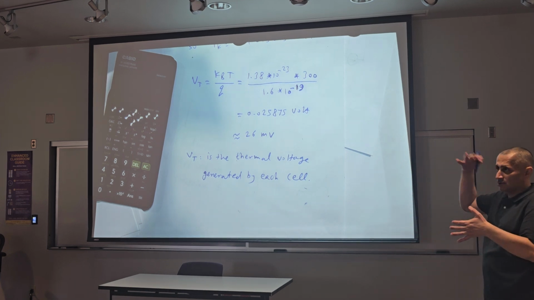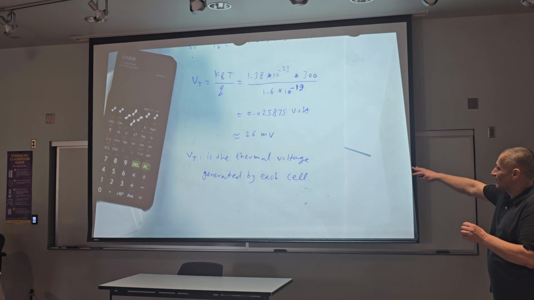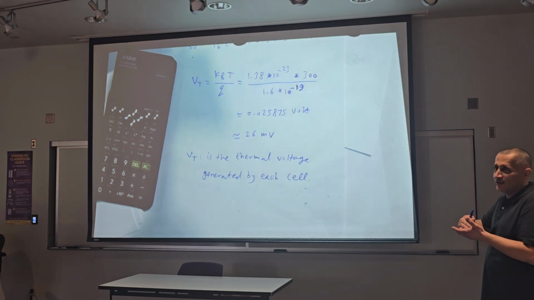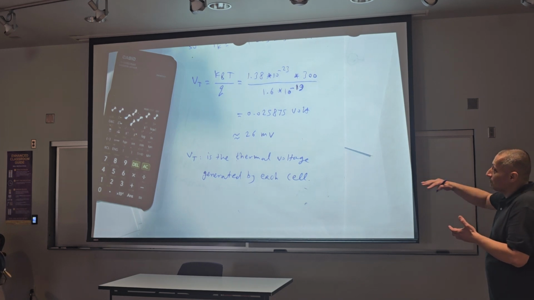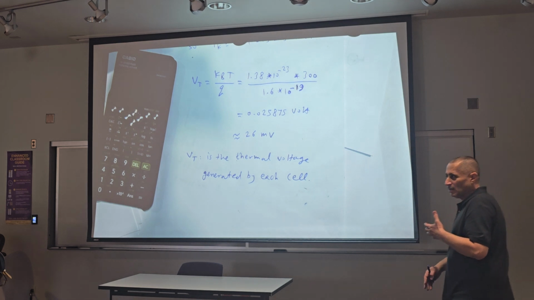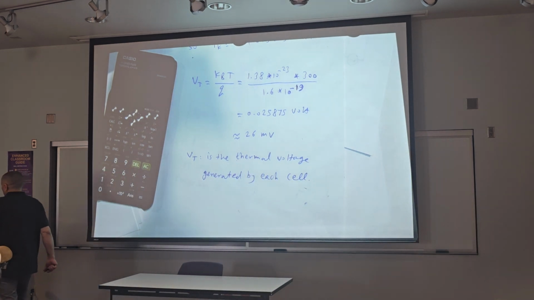Temperature from the sun, or weather, and here is VT. This V will convert it to temperature, then temperature we'll convert to voltage. So we can generate voltage from the effect of the thermal, and this voltage I call VT.